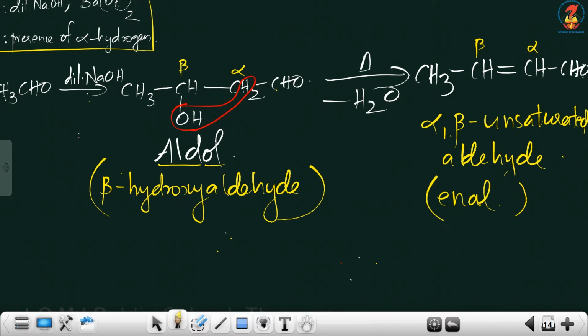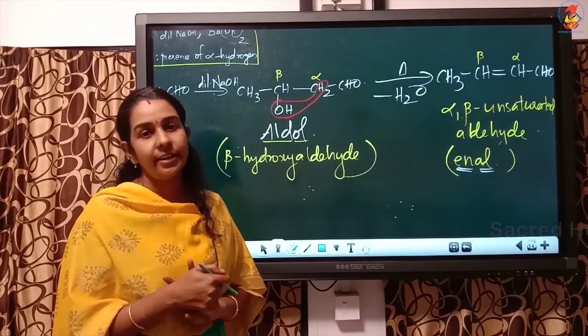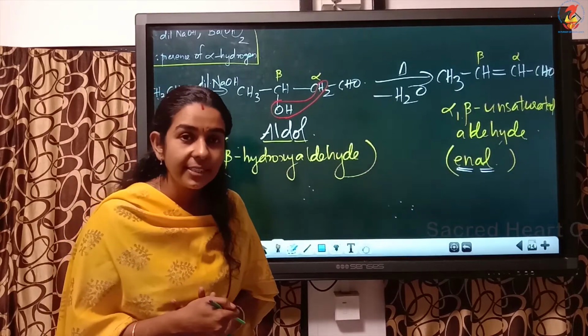From the name itself again it is clear. En means containing double bond, al means containing aldehyde functional group. So enal or alpha beta unsaturated aldehyde is the aldol condensation product.